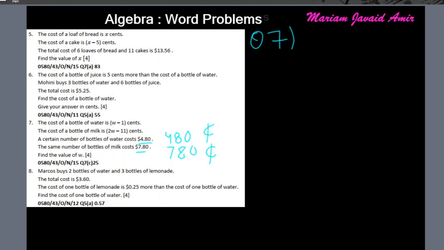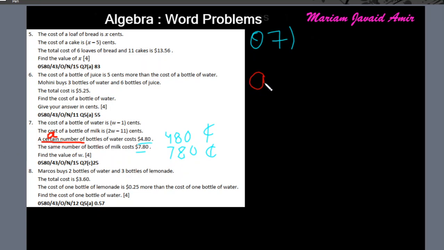Alright, rereading the question again. The cost of a bottle of water is W minus 1 cent. A certain number of bottles cost 4.80. Let's call this certain number A. So a certain number of water bottles costs 480 cents.